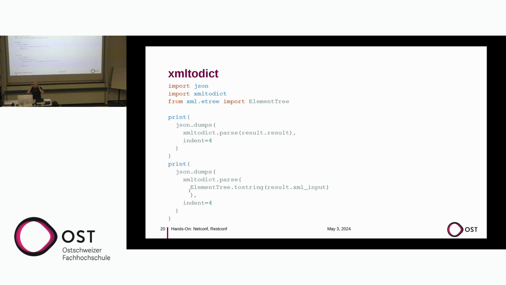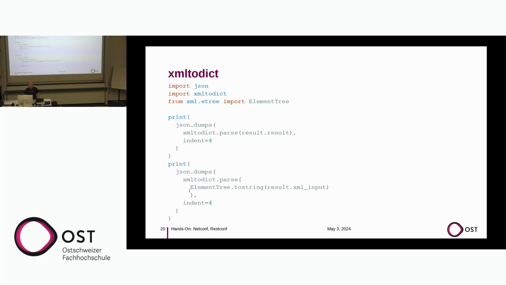Then if we're dealing with XML itself, of course, I'm personally not a huge fan of XML because I'm not so used to working with XML than I'm used with JSON, because JSON is closer to the Python object like dictionary and list. Therefore, I personally prefer to work with JSON if I can choose.